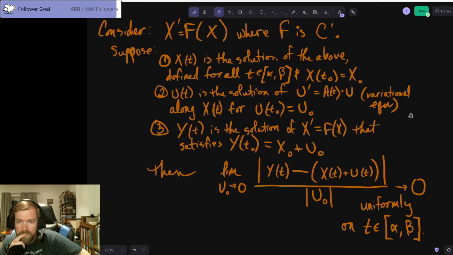So y of t is approximately equal to x plus u is the point of that limit.